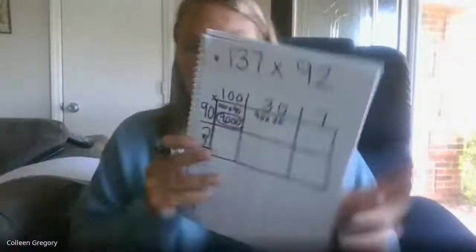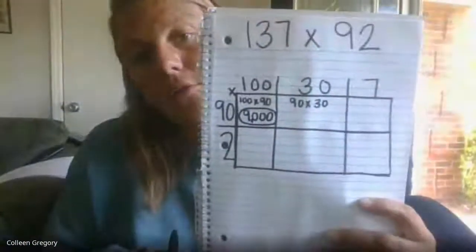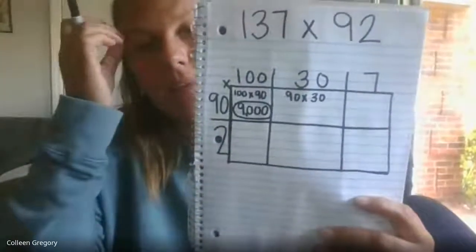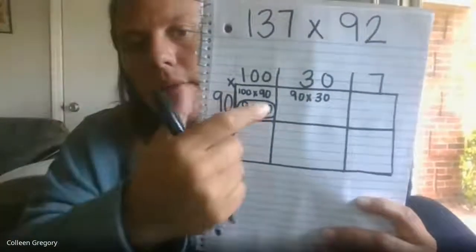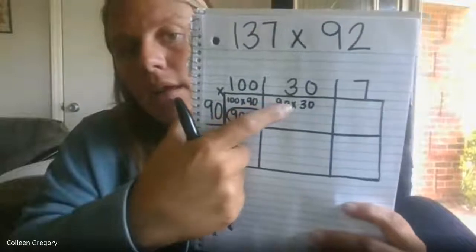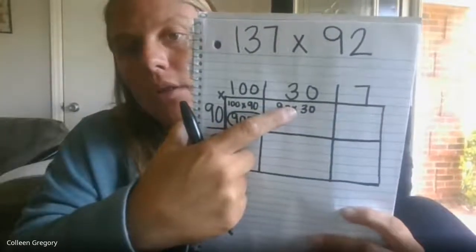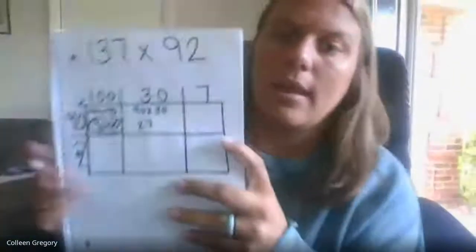90 times 30. Okay, again, I don't know how to solve 90 times 30 in my head because that number is just so big. So I'm going to take 9 and multiply it by 3. So when I think about what 9 times 3 is, I'm going to get the answer 27. So I'm going to go ahead and write 27 in my area model.